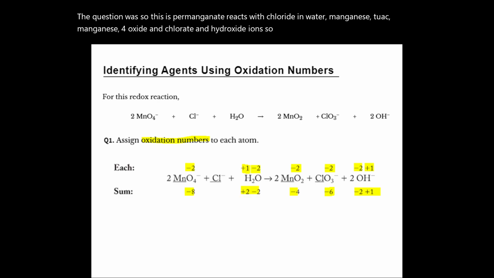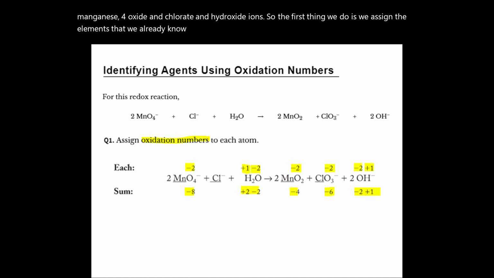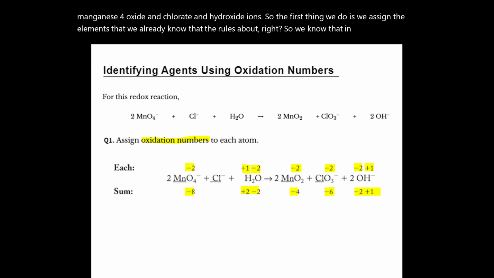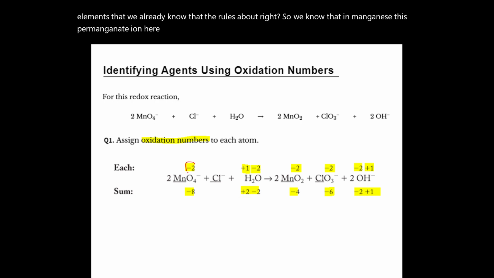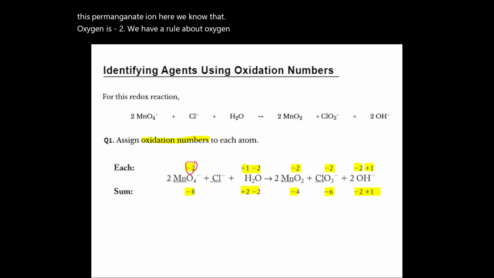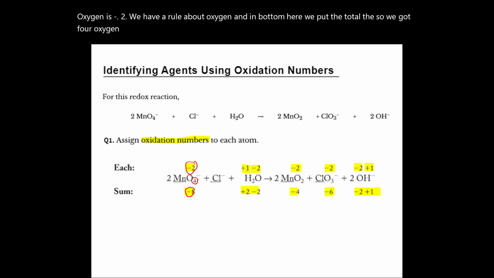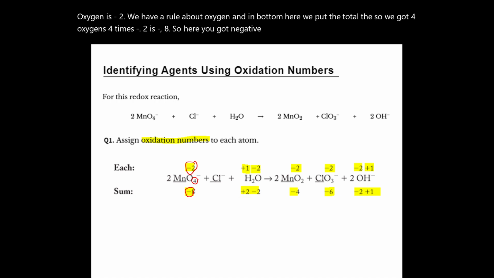So the first thing we do is assign the elements that we already know the rules about, right? So in this permanganate ion, we know that oxygen is -2. We have a rule about oxygen. And at the bottom here, we put the total, the sum. So we got 4 oxygens, 4 times -2 is -8. So here you got -8.